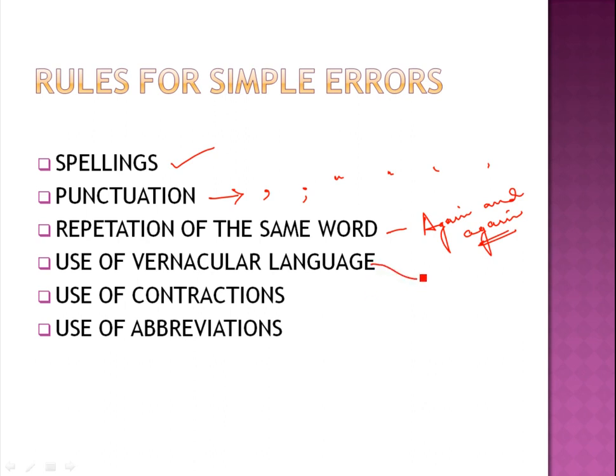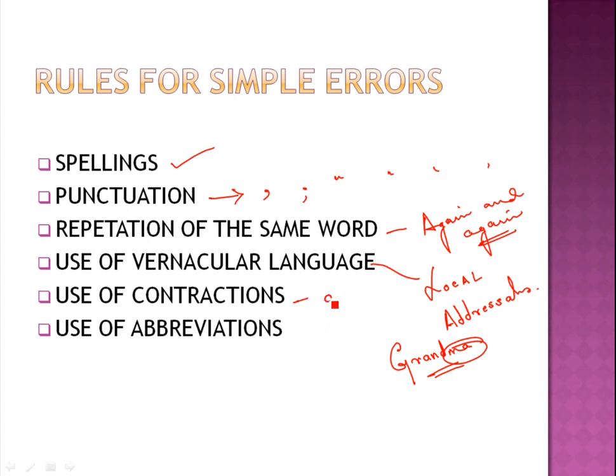Use of vernacular language. Not only that, I want to add here use of local addressals. For example, mummy, papa, these are not allowed. Grandma, grandpa is also not allowed because grandma and grandpa are local addressals used by British people. You have to write grandmother, you have to write grandfather. All these are simple errors.